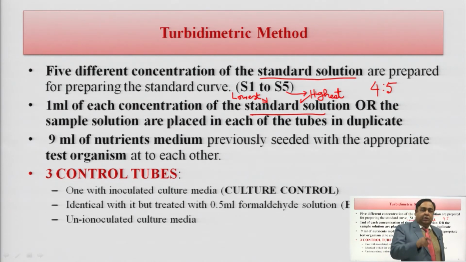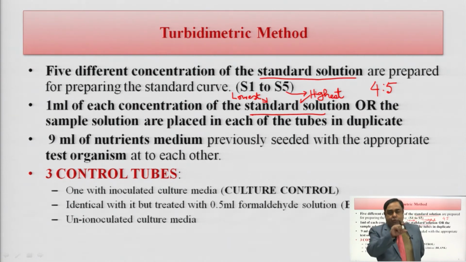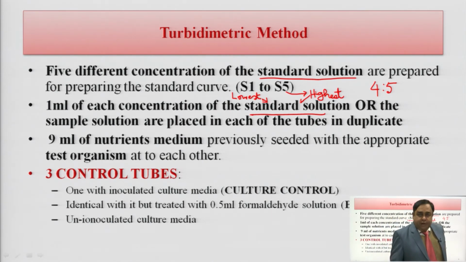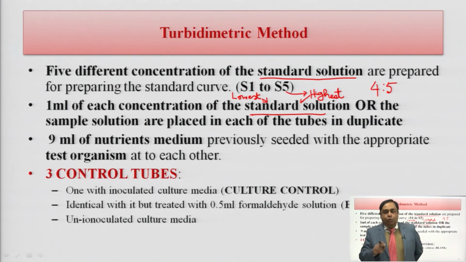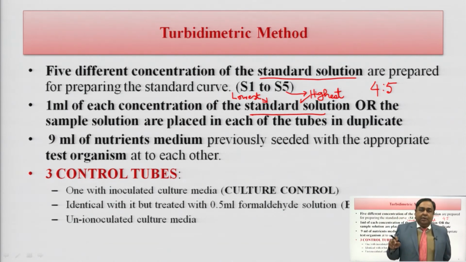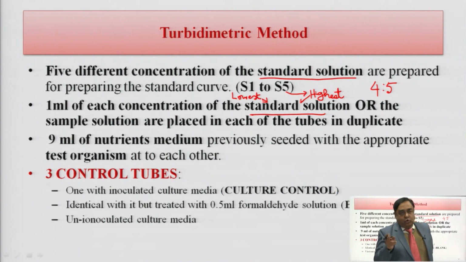So, in duplicate tubes you take 1 ml of S1, S2, S3, S4 and S5, each test tube containing 1 ml, in duplicate, and you take 2 additional tubes where you add the sample, that too in 1 ml.